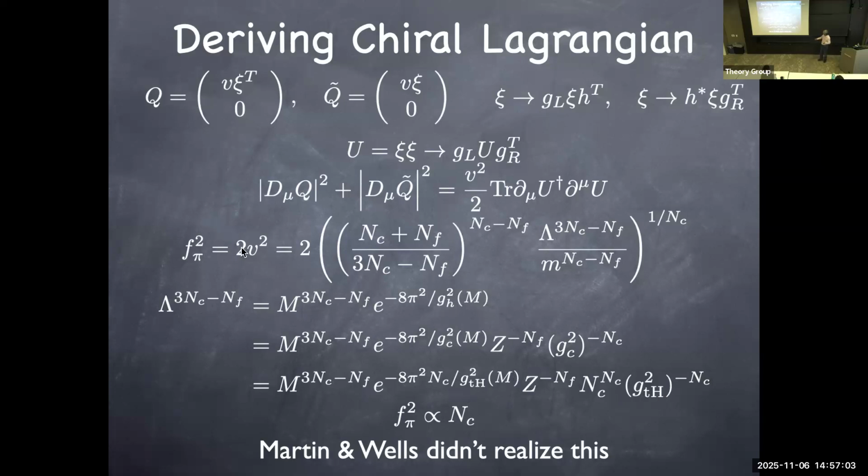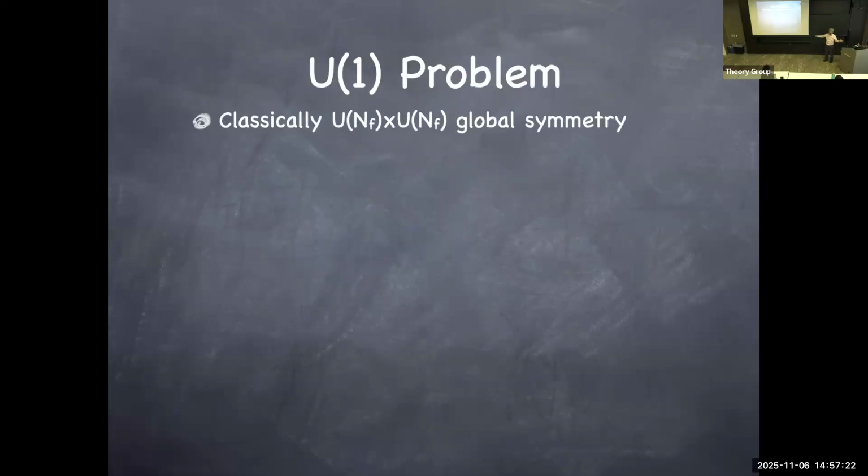So f_π squared is indeed order N_C, and that's the expected behavior. And taking the large N_C limit is not what you can do on the lattice, because you can't deal with the infinite size gauge group, but here you can do that again on a piece of paper, and f_π squared is indeed order N_C. So there's no sign of the need for a phase transition.